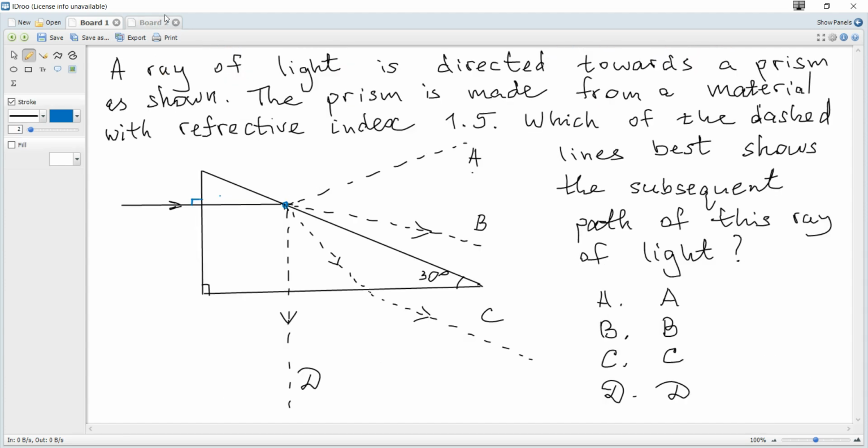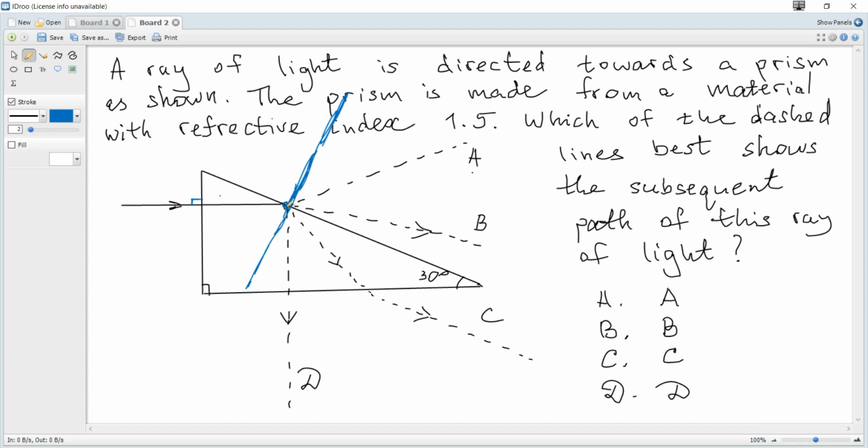The next. A ray of light is directed towards a prism as shown. The prism is made from a material with refractive index 1.5. Which of the dashed lines best shows the subsequent path of this ray of light? So it's the incident ray. You can see that it moves perpendicular to the surface, so no refraction at this surface. First of all, we should draw a perpendicular line.